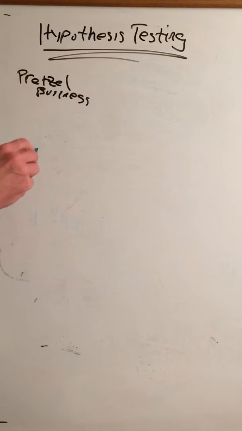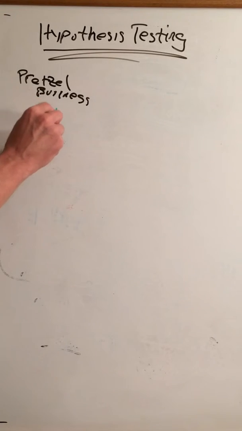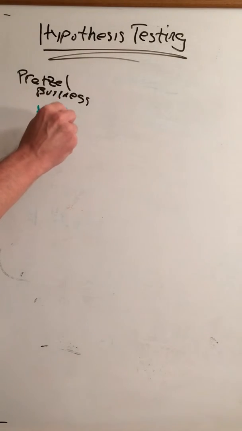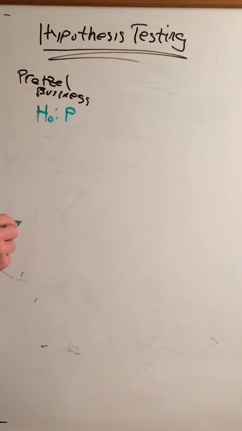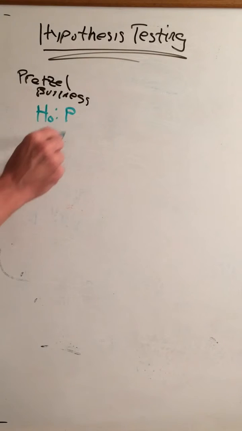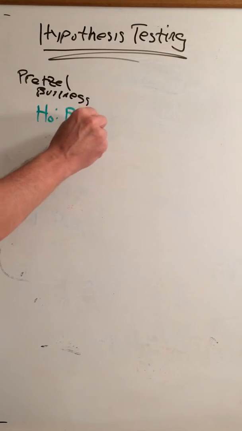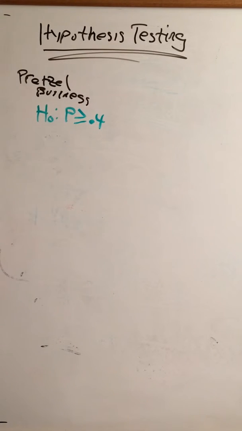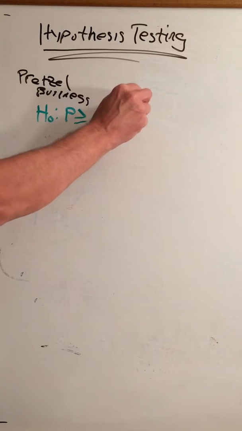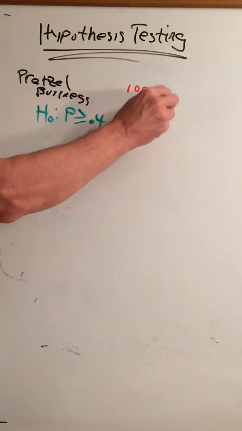So they have a claim, which will be our null hypothesis: that the percentage of people that would buy their pretzels would be greater than or equal to 40%. Let's say the population is very big, a town of 100,000 people.